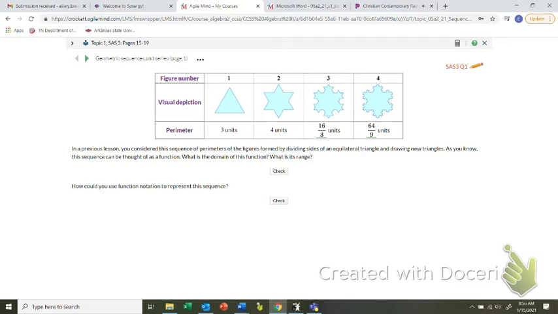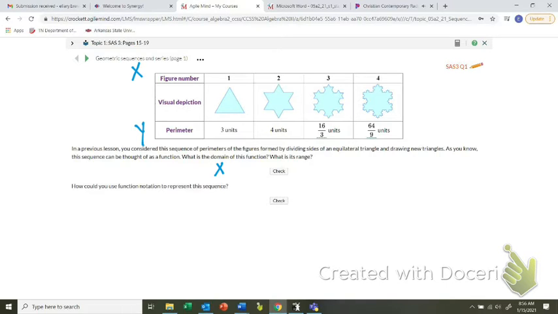So, on your paper where it says, what is the domain? I want you to put an X above that domain. So, like, mine's below it, so I'm going to put an X right there. Okay? What is the domain? Looking at this graph, okay, our input values are the figure number, and our output values are the perimeter.